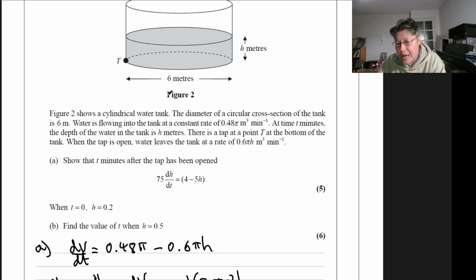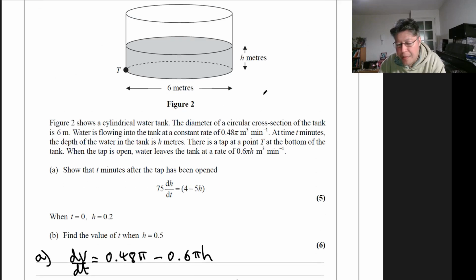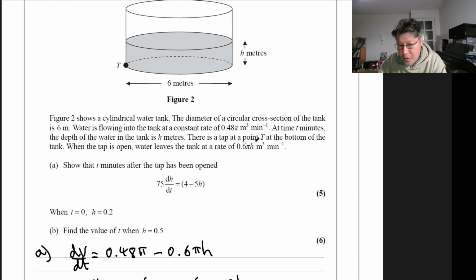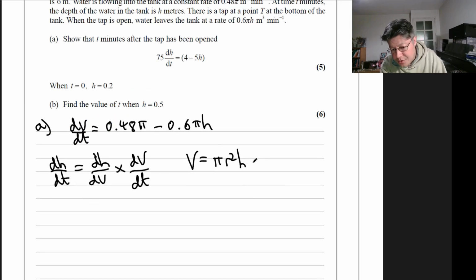It's the cross-sectional area, that's the base, which is pi r squared, times the height, that's the depth. And we know that the radius is 3 meters, so this should equal pi times 3 squared h.